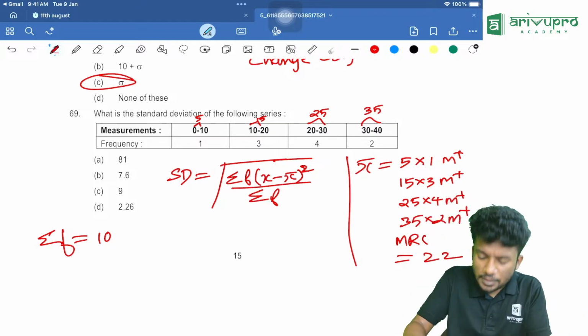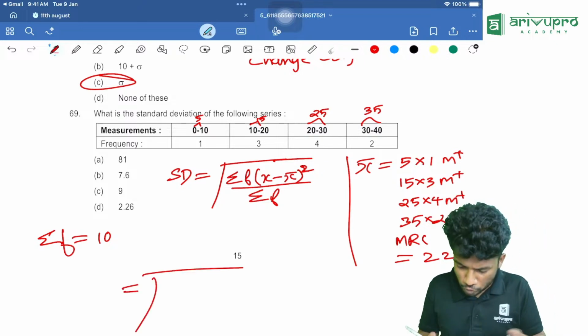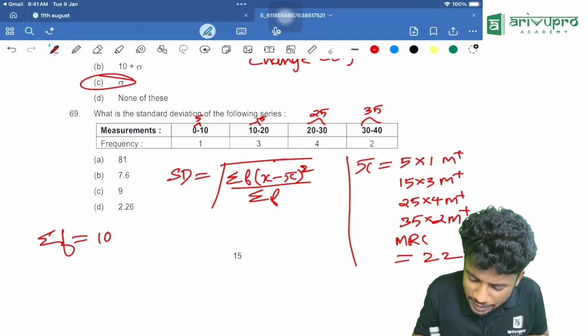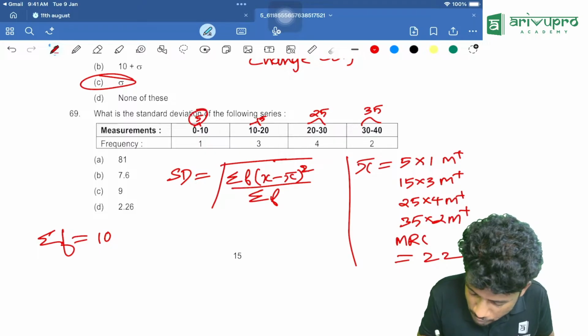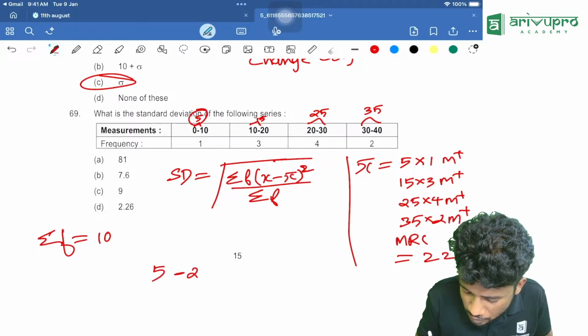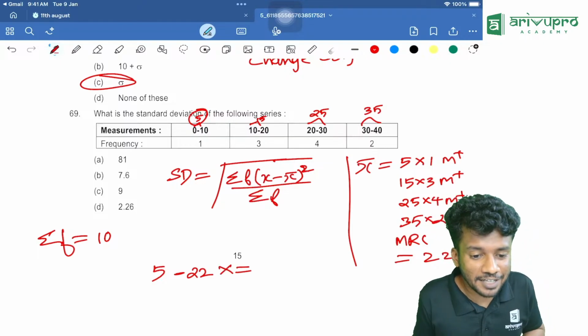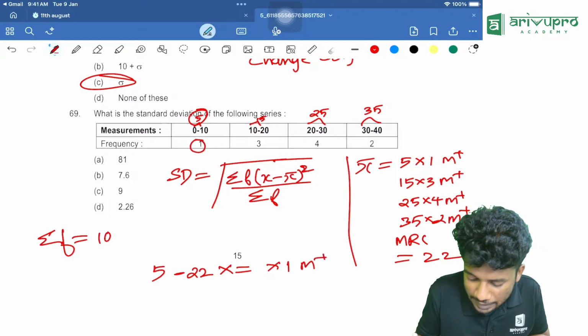Yes. Now, just apply it over here, which is equal to root of sigma f into (x minus x bar) square. How to use the calculator to find this? First take the first x value, that is 5. So, 5 minus 22, then into equal to, that means we are squaring it. Then multiply with the frequency, that is 1, then click M plus.